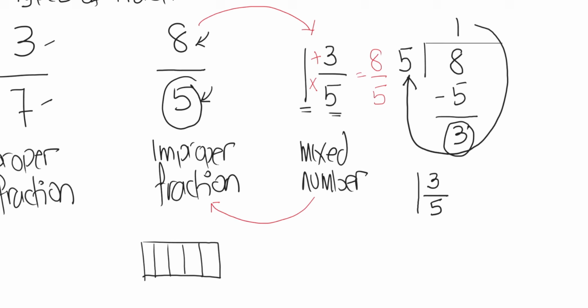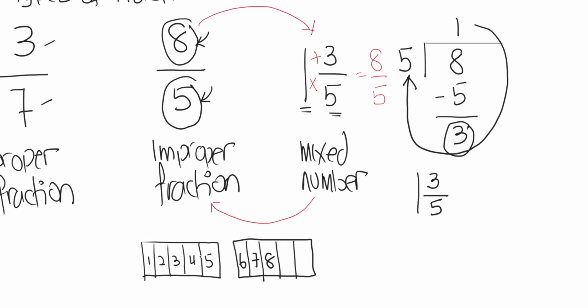So I get 1 part, 2 parts, 3 parts, 4 parts, 5 parts. Now hold on. I'm supposed to get 8 parts, but I'm only getting 5 parts. So there should be another cake also divided into 5 equal parts. From this, I will get the 6th, 7th, and the 8th part because that's what my numerator says.